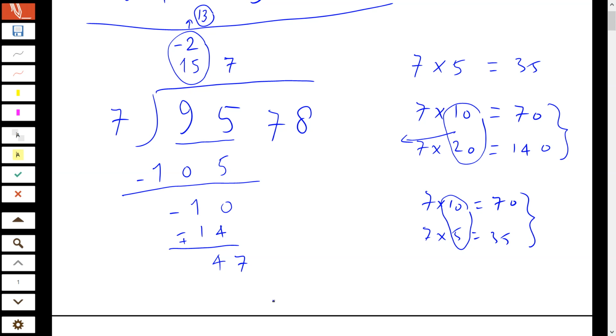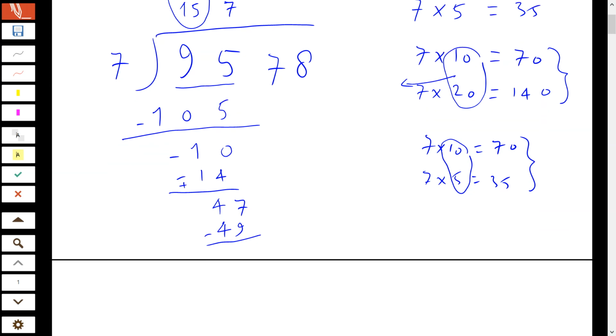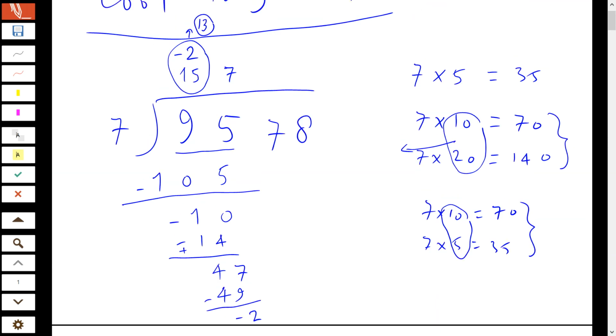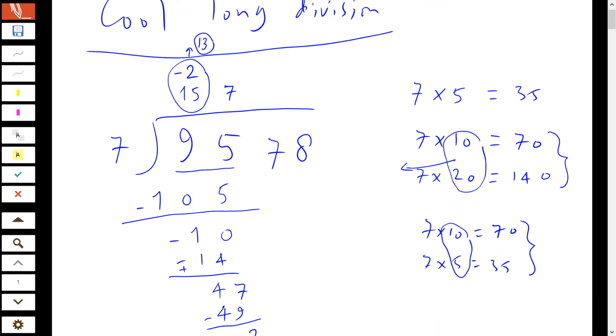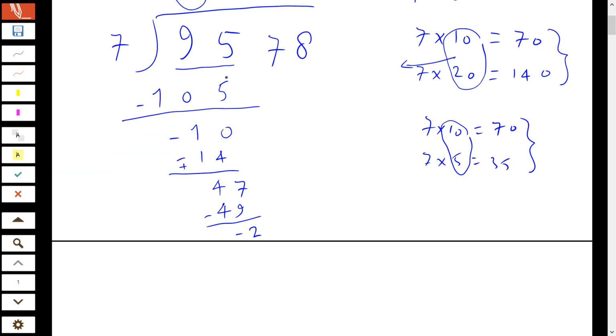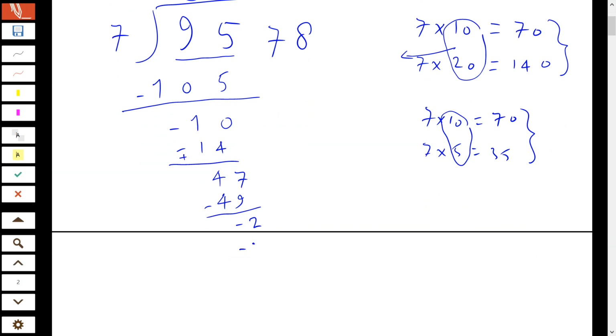So 7 times 7 is 49. And when I subtract this, what do I get? I get -2. Negative is not acceptable. So I will now divide by -1. So 7 times -1. What is 7 times -1? -7.